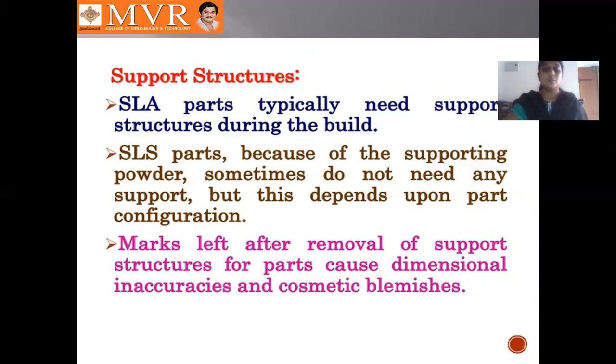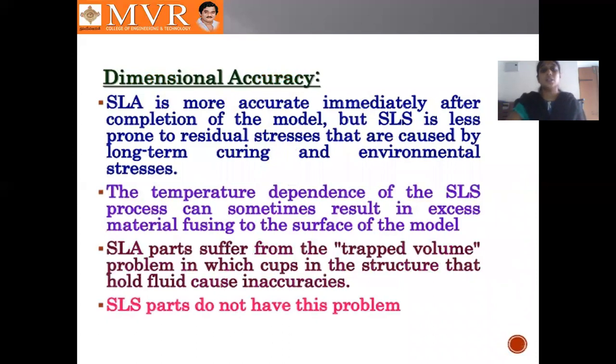SLS parts, because of the supporting powder, sometimes do not need any support, but this depends on part configurations. Marks left after removal of support structures cause dimensional inaccuracies and cosmetic blemishes. SLA is more accurate immediately after completion of the model, but SLS is less prone to residual stresses caused by long-term curing and environmental stresses.